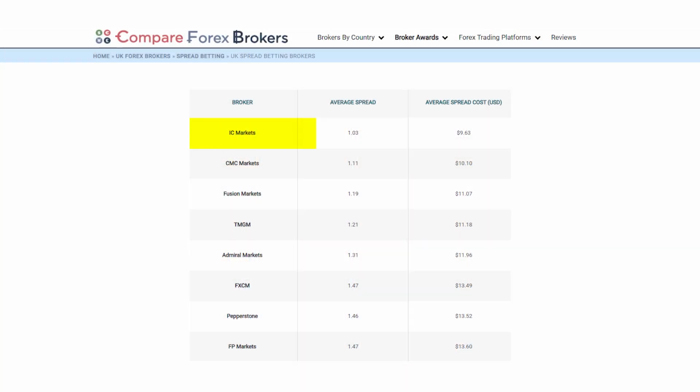IC Markets had an average spread cost of $9.63 per lot. Yep, $9.63 US per lot. The next closest was $10.10. So it's like a sub-$10 magical mark for having the lowest spread. The one that came in under $10.